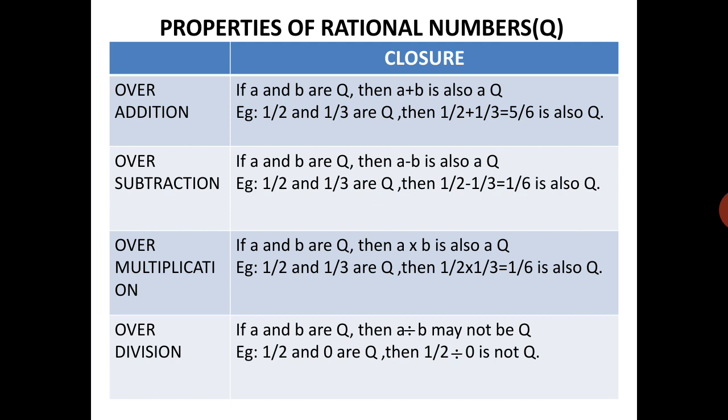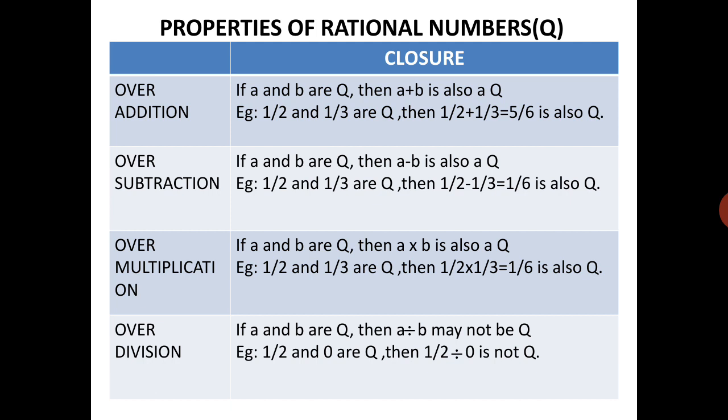Now let's move to the last operation in this case, that is division. Again we have taken A and B as the rational numbers, then A divided by B may not be a rational number. May not. That means sometimes it may or sometimes it may not be also. Herein I have taken the example as 1 by 2 and 0.